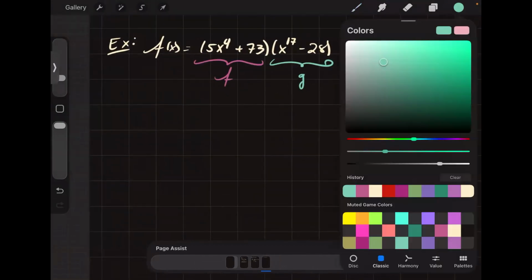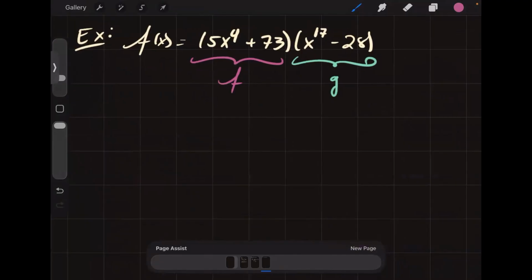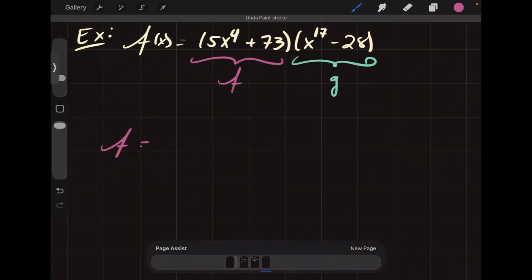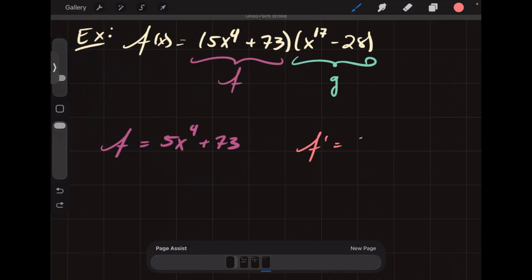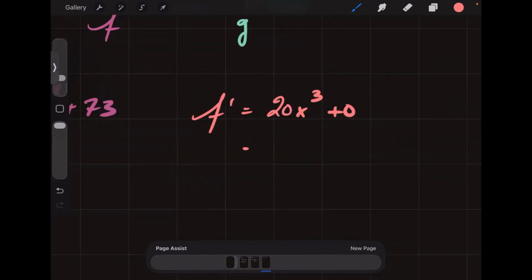So what I'm going to do is write the parts out. F of x, or you can just write it as f, that's fine too, is going to equal 5x to the fourth plus 73. And we also need f prime, which is going to equal the derivative of this guy, which is going to be 20x to the third plus 0, which you can just write as 20x to the third.